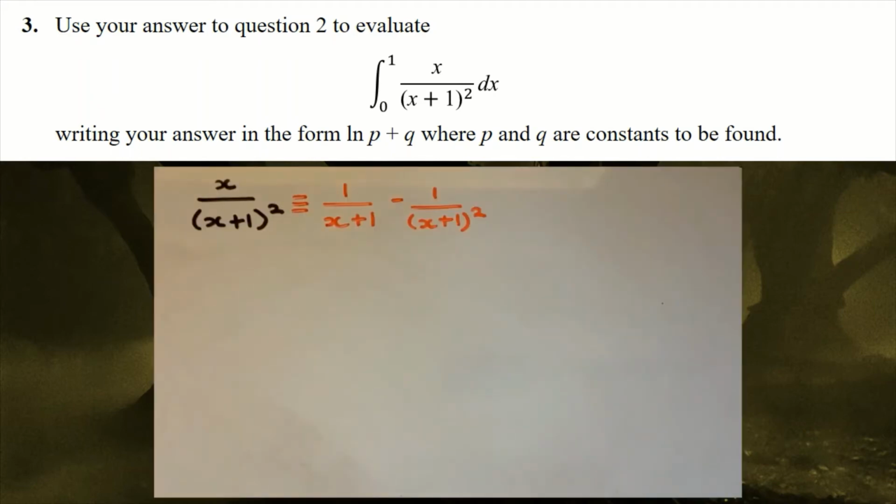Now we have our partial fractions, we can use our result to complete an integration. What we're asked to do is to integrate between 0 and 1 x over (x plus 1) all squared. Because I have the partial fractions, I can rewrite the integral like so.